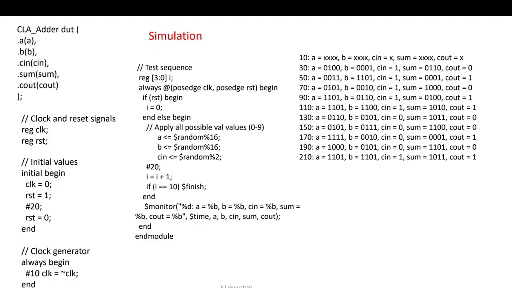And similarly for the test bench, we instantiate the module and we define the clock and reset, and we initialize it and we generate the clock, and this means the value is from 0 to 15. This will generate values 0 to 1 because it's a remainder, and this is for $monitor, and for the various 10 different values we observe the sum and carry.